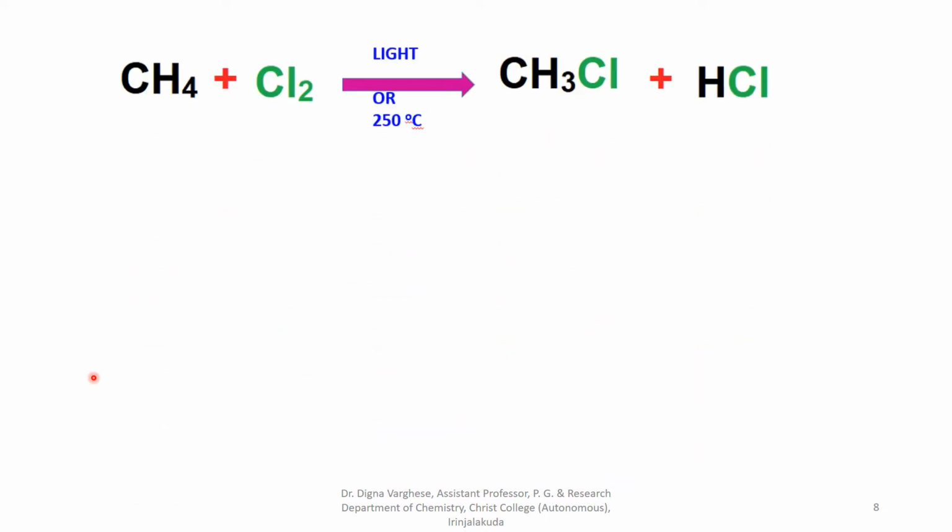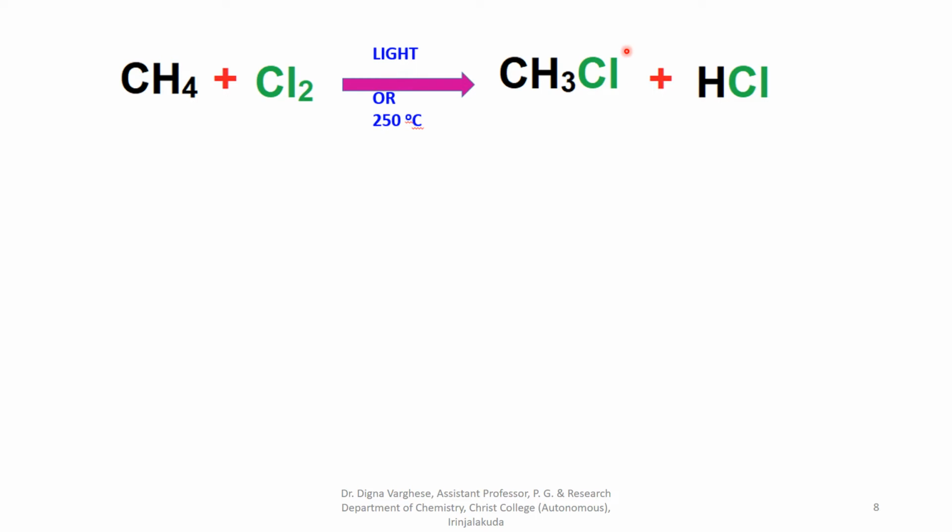Here you can see a sufficient amount of chlorine is used. The monochloro derivatives can further undergo chlorination reactions with the successive replacement of the hydrogen atoms by chlorine atoms. You can see here methane reacts with chlorine in the presence of light or heat, giving methyl chloride.